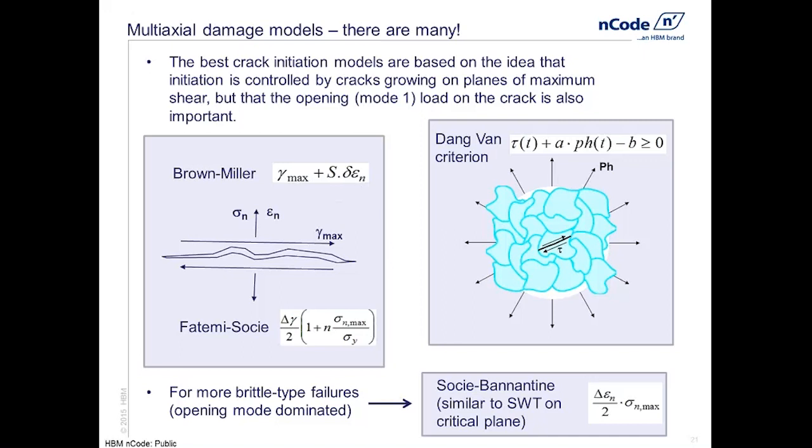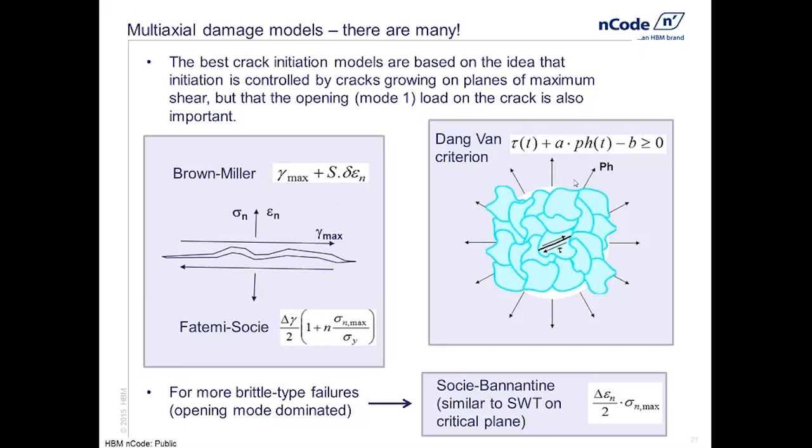If we go to fatigue limit criteria, such as the Dang Van criterion, the Dang Van criterion again is using a combination of shear and opening. The shear in this case is defined by the microscopic shear stress in individual grains, and the opening effect is captured by the hydrostatic stress.